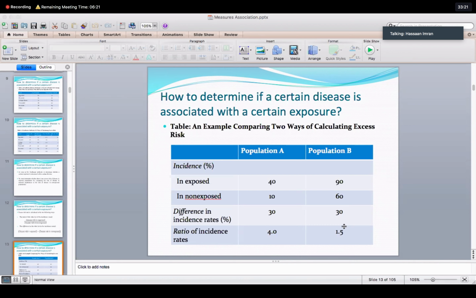Similarly, in population B, those who have the risk factor are 1.5 times more likely to develop that particular disease as compared to non-exposed.